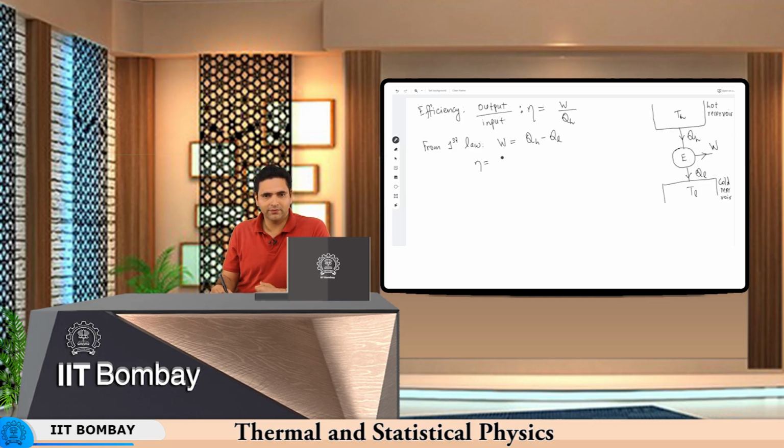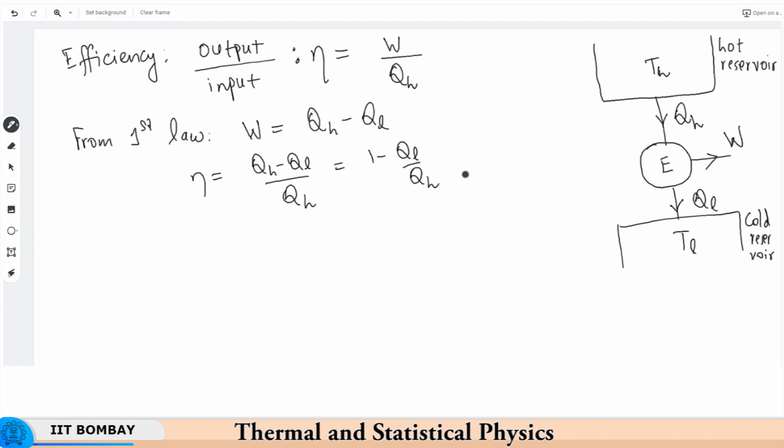So, we get eta which is equal to QH minus QL divided by QH, and this is 1 minus QL by QH, okay. So, this is the efficiency, and you can already see that we are subtracting some finite value from 1. So, this efficiency is already less than 1, right. So, the moment we put another reservoir into the system, our efficiency goes down, okay. So, this is clearly eta is less than 1, okay.